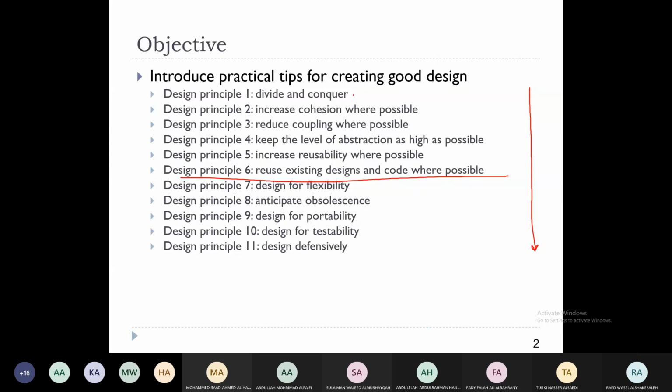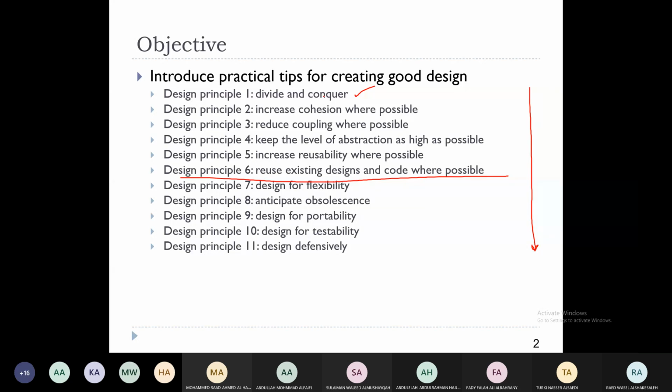So, just to very quickly recap, we talked about divide and conquer. You should be using your architectural styles, your packages and the concept of classes, and rather than writing everything in one big file, try to divide it into different units of smaller subsystems, and then design them accordingly.